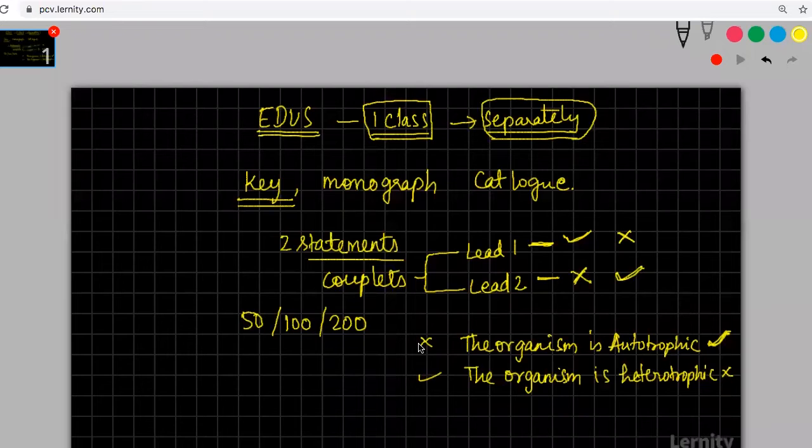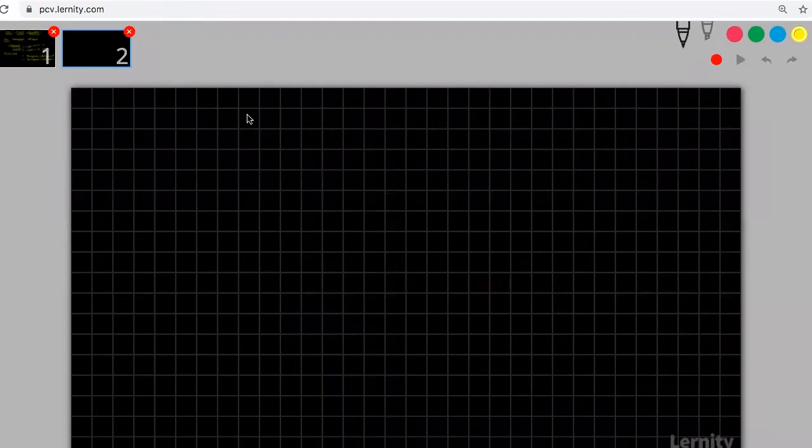Like this, I will produce multiple keys, and I will also give key hints. For example, I'm going to have key one. This key one has two statements, lead one and lead two. If this is there, agreed, go to key 3.